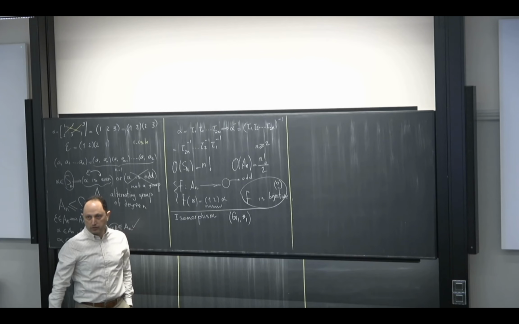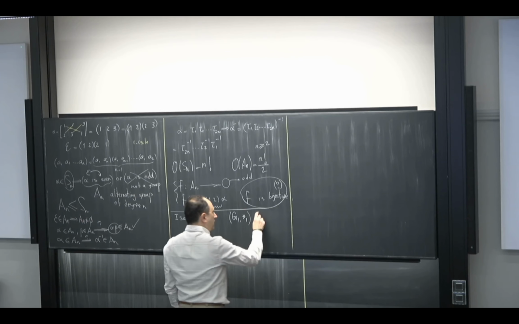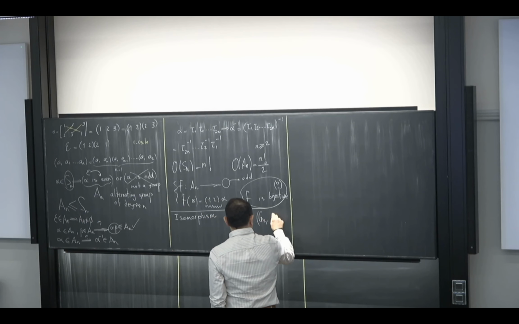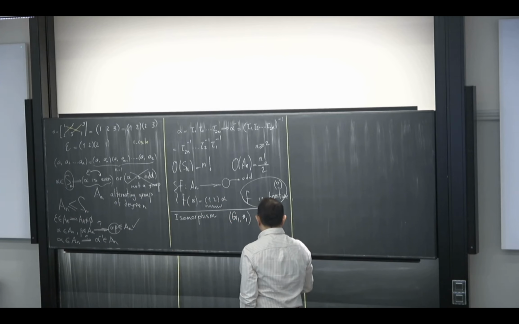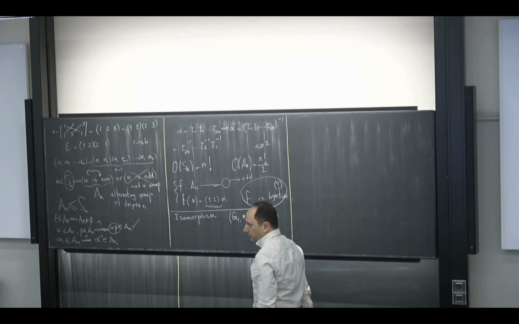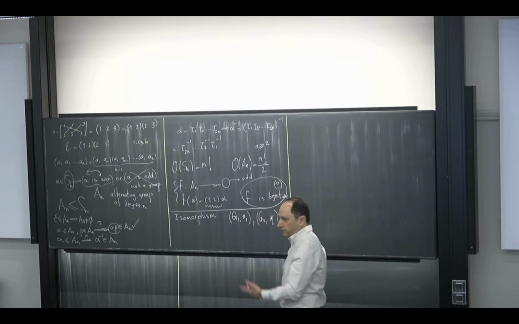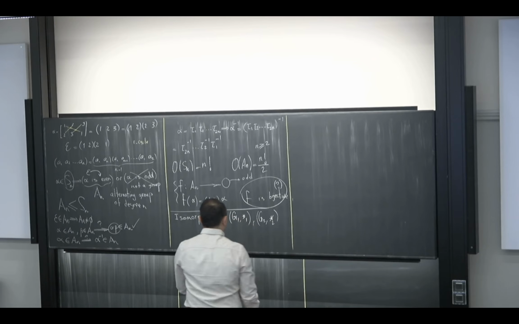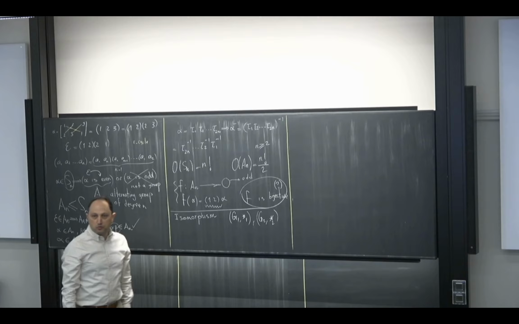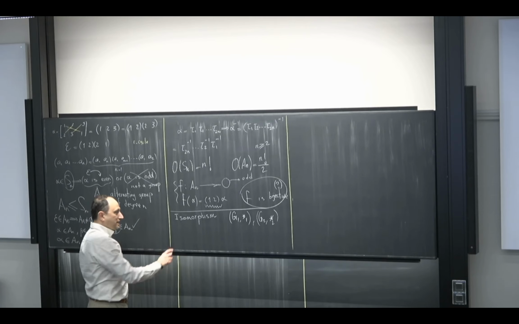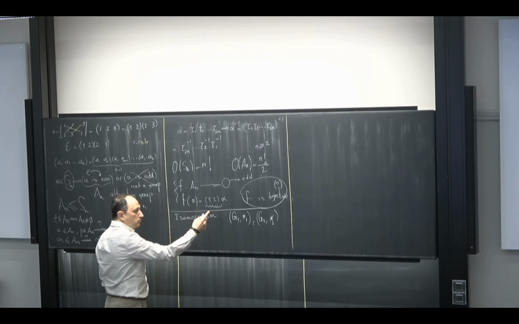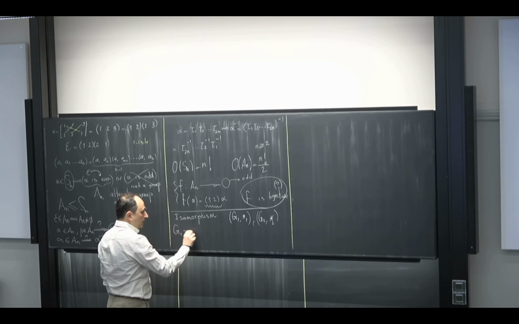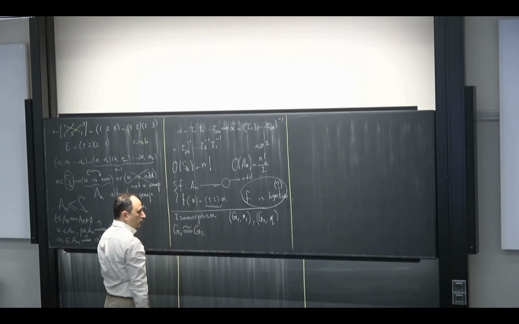I call it star sub 1. And I give you another group, I call it G sub 2 with its own binary operation. So I have two groups involved, and I want to define what I mean by the groups being isomorphic. I would say that G1 is isomorphic to G2, and I write it in this way.